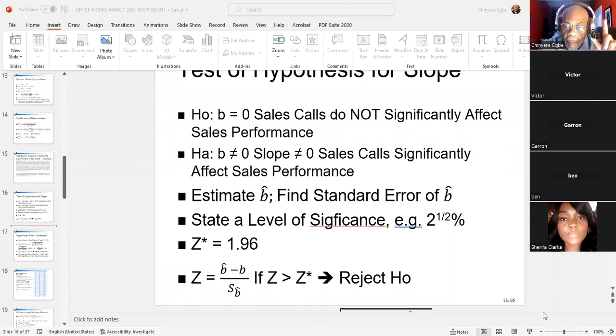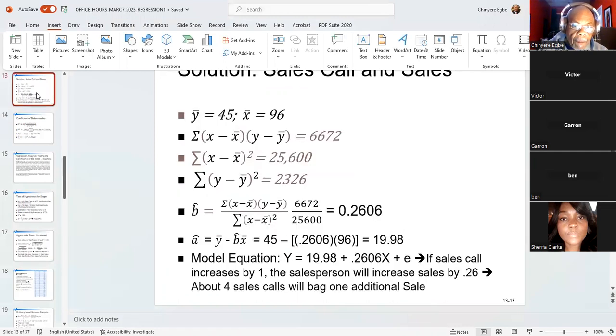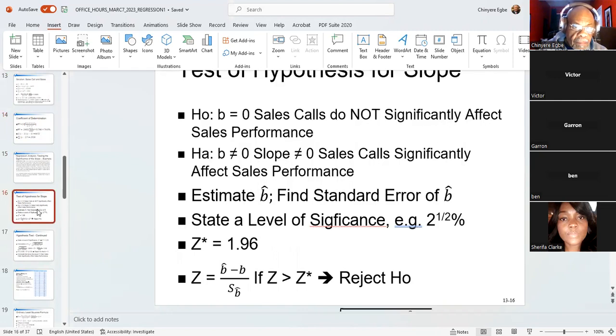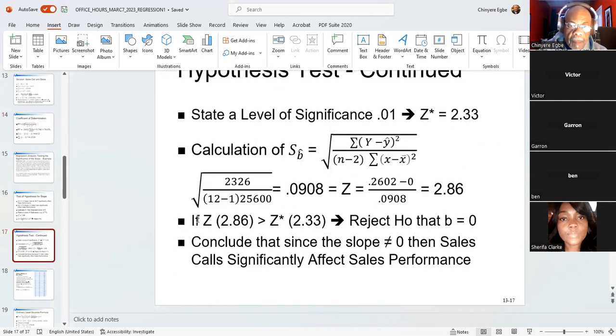Now we have the formula for the standard error of B hat.